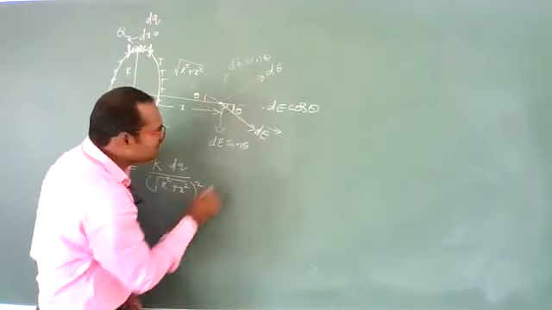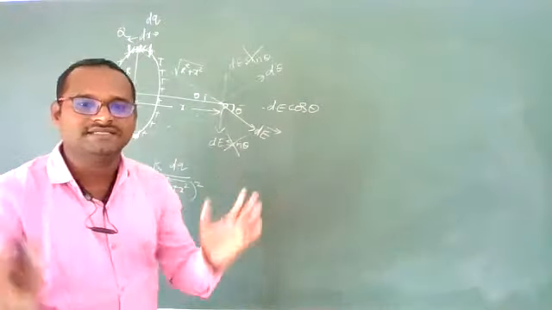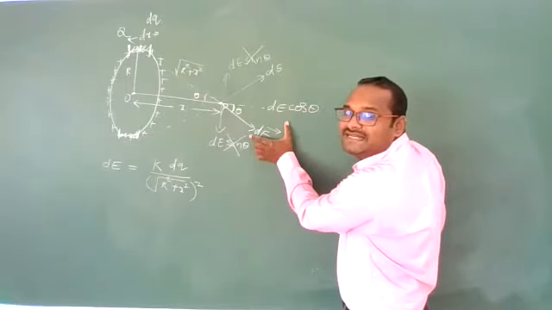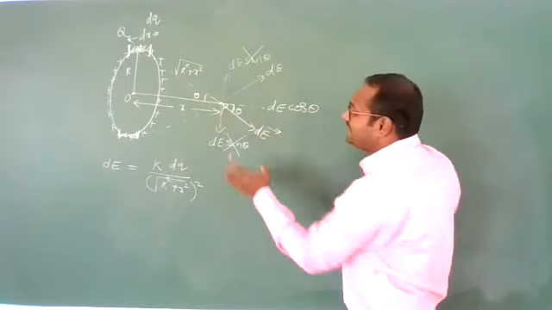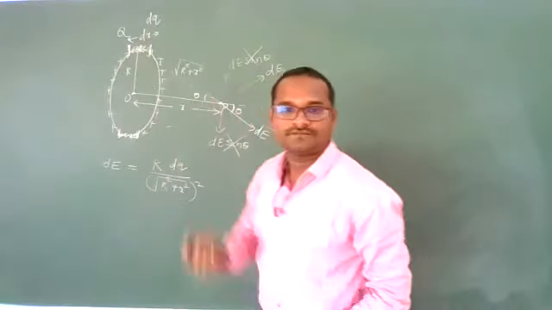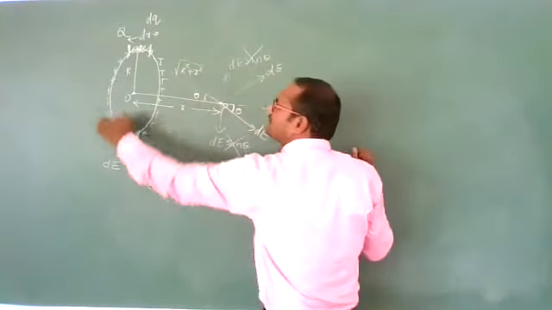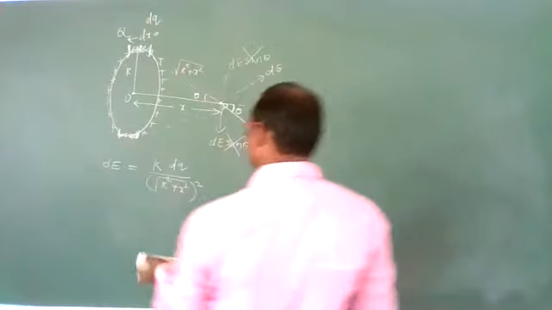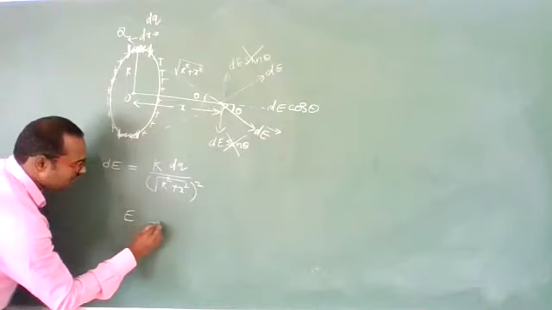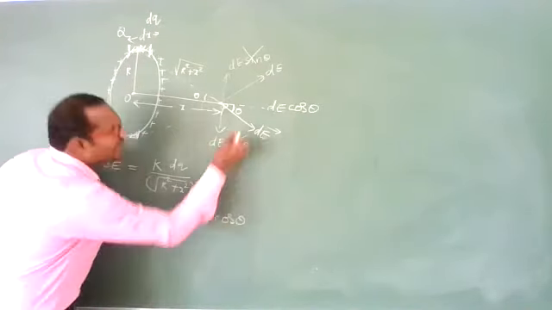Are you getting this? This component of dE sin theta and this component of dE sin theta will cancel each other. That means from this small elementary electric field, the dE sin theta component will cancel out due to the total charge, and the dE cos theta components will add up due to the total charge. So you need to take the net electric field as dE cos theta.